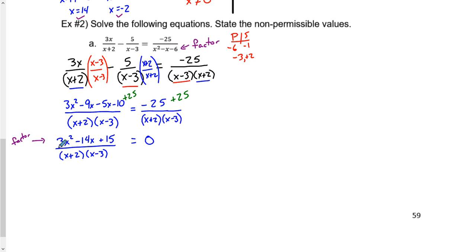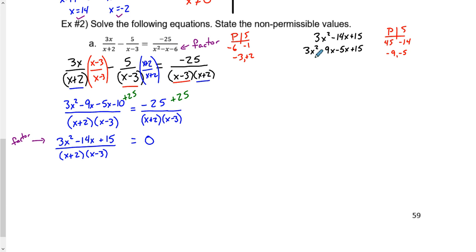So a review of our complex factoring. It's a complex trinomial, which means we need a product of 3 times 15, which is 45, and a sum of -14. The only way that we can get a product of positive 45 and a sum of -14 is a -9 and a -5, which means that our complex trinomial will be split as 3x squared, subtracting 9x, subtracting 5x, adding 15.